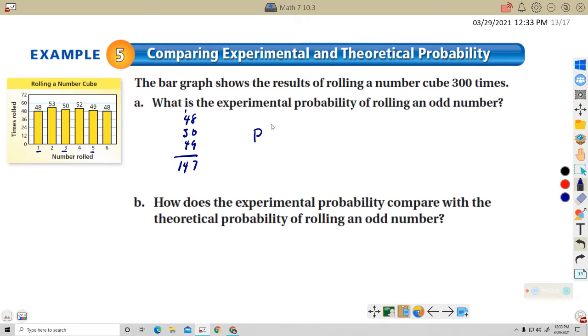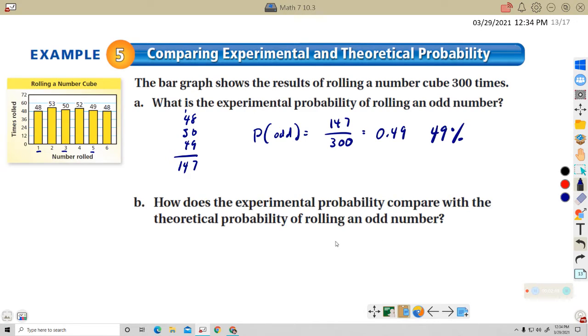So P(odd) is equal to 147 out of 300. And that's going to be equal to, looks pretty close to half, doesn't it? 0.49. So 49%.